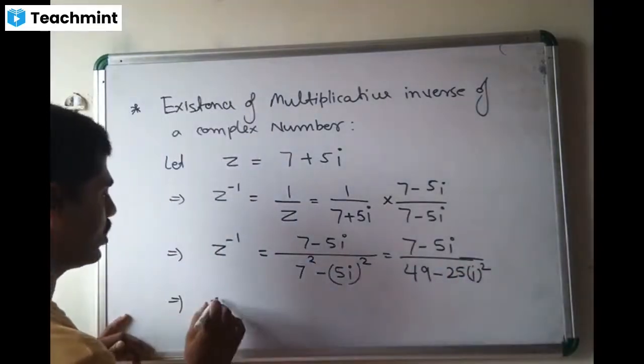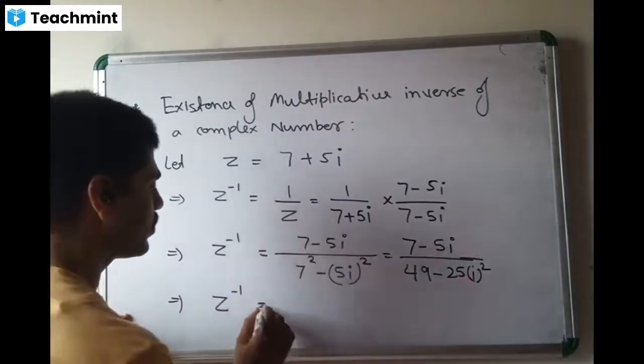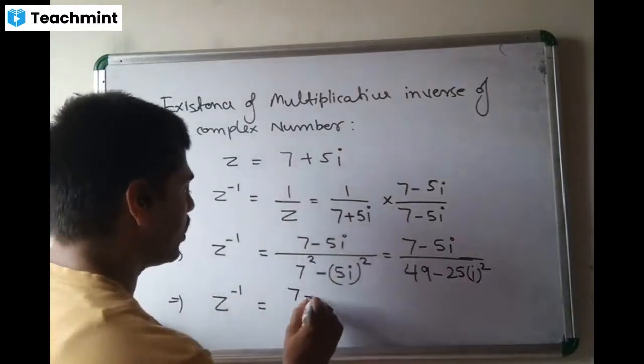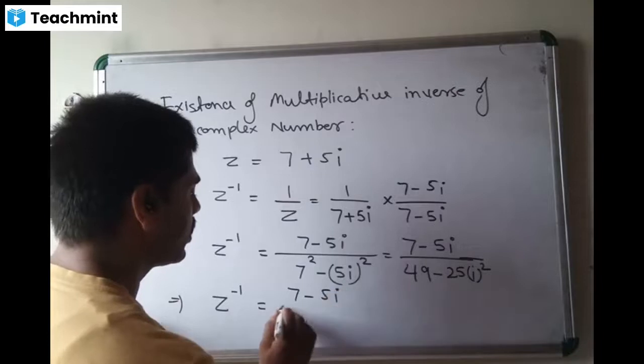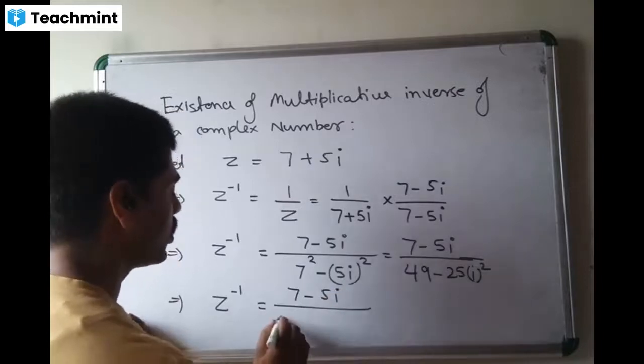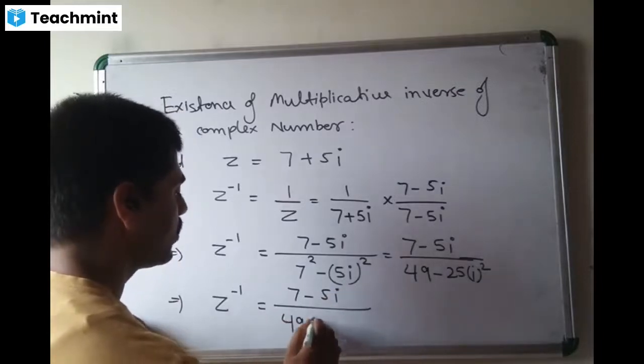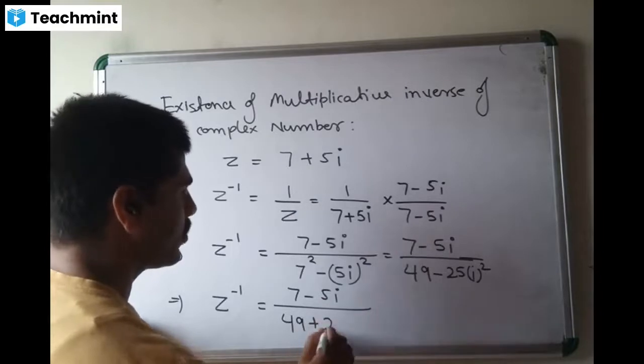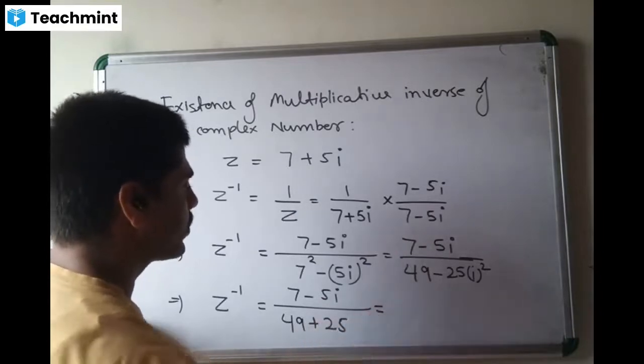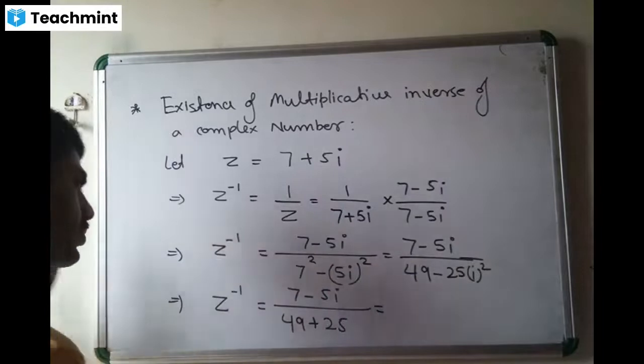Now z inverse is equal to (7 minus 5i) upon (49 plus 25). Yes or no? Yes, sir.